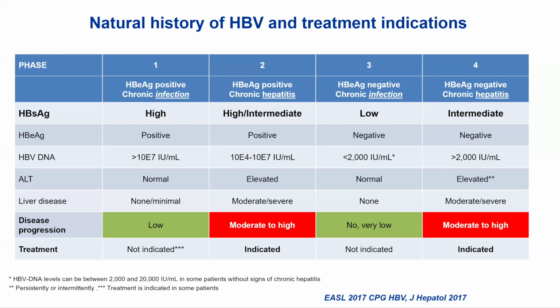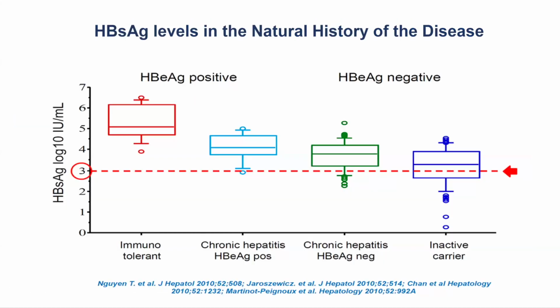And this is based on several studies that show that there is a decline in HBs antigen levels, particularly in E-negative patients where there is some degree of immune control, in a way that HBs antigen levels can translate the rate of immune control.